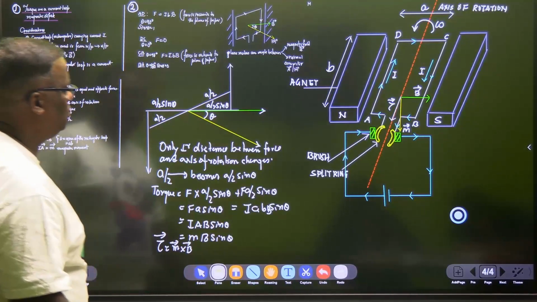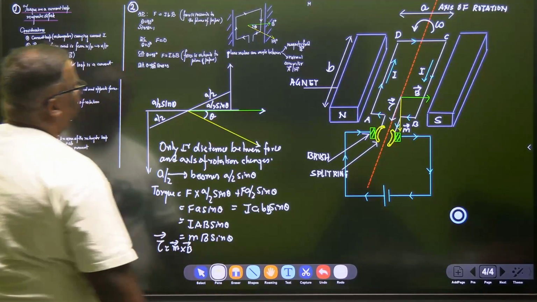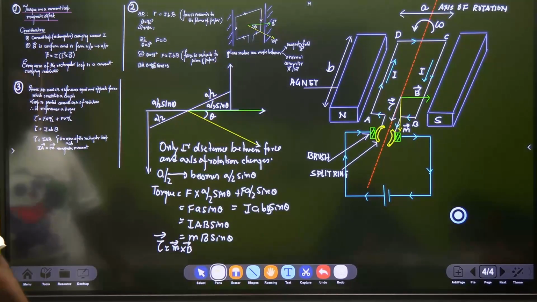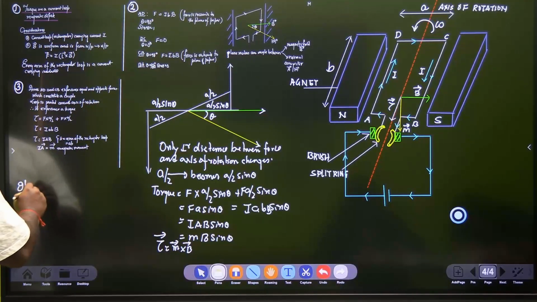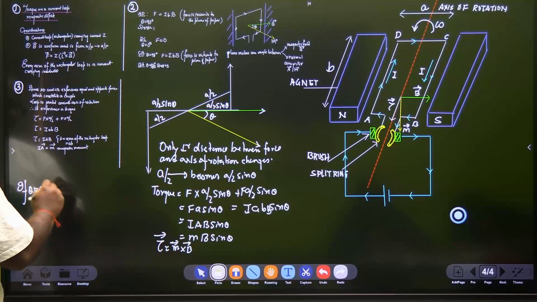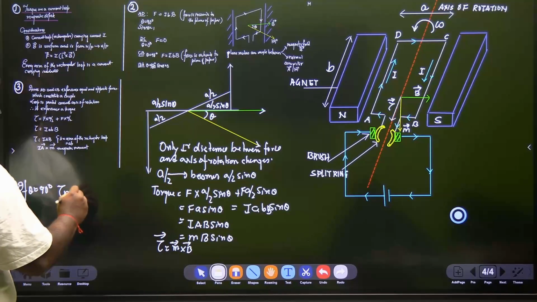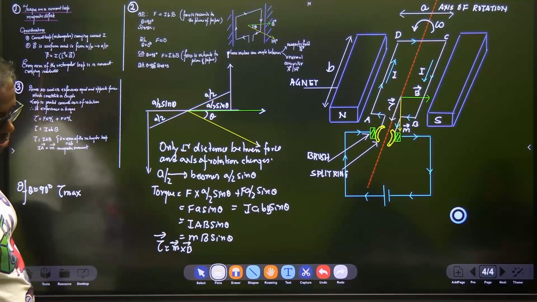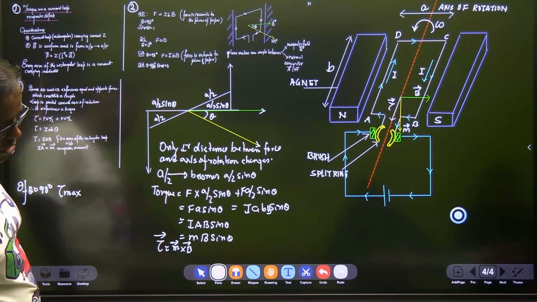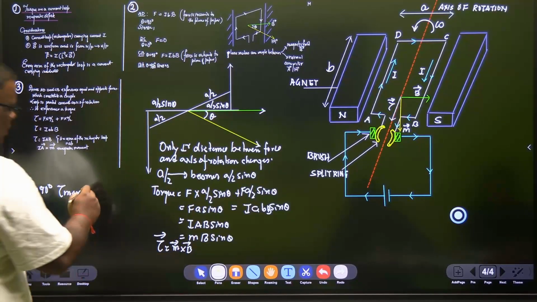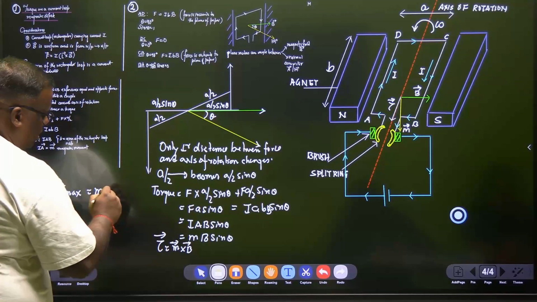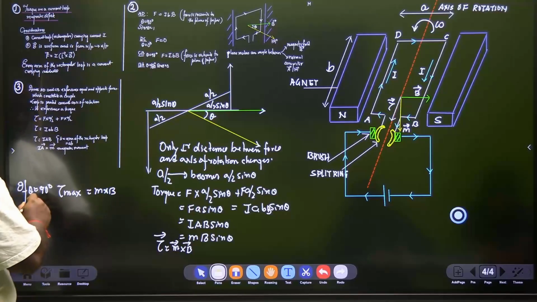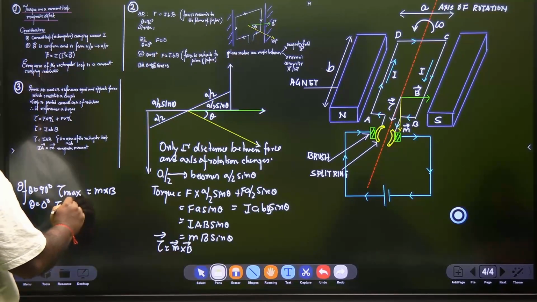Now your job has been addressed. And how did you address it? You have addressed it like this. If theta is equal to 90 degrees, torque is maximum, and then it is given by M into B. And if theta is equal to 0 degrees, your torque is equal to 0.